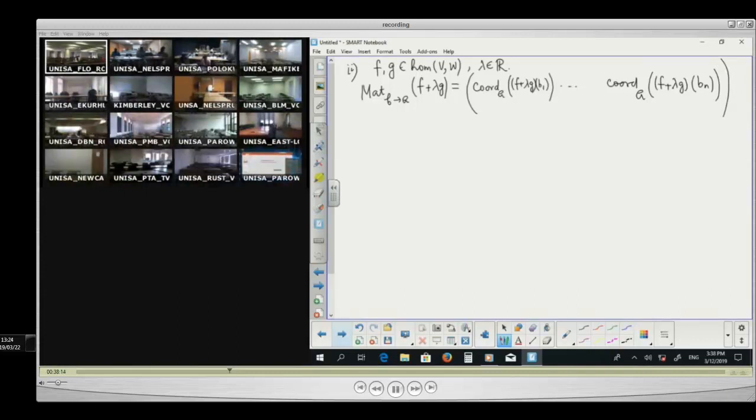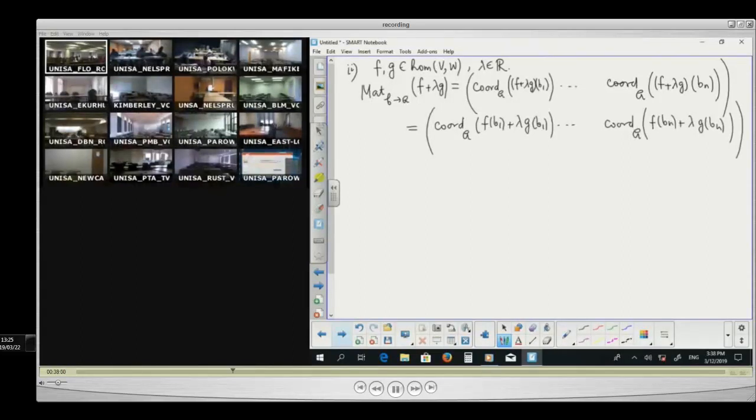Now let me use the definition of F plus lambda G. Now use the fact that coordinatization is a linear map.